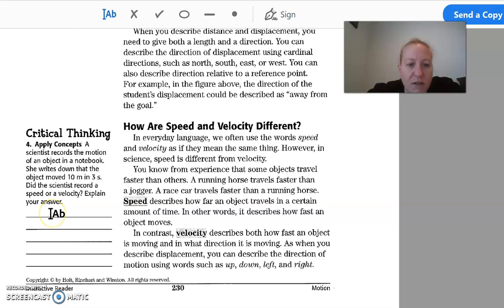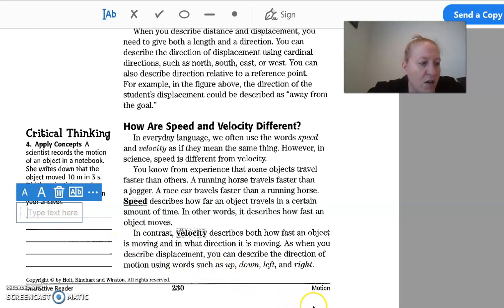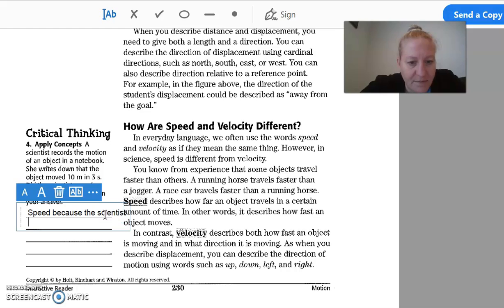Okay, applying concepts. A scientist records the motion of an object in a notebook. She writes down that the object moved 10 meters in 3 seconds. Did the scientist record a speed or a velocity? Explain your answer. So, she described a speed because the scientist did not specify the direction.